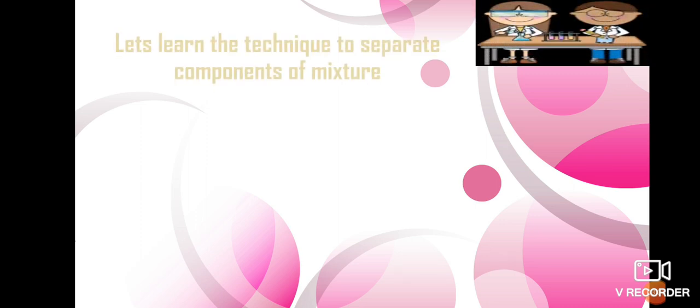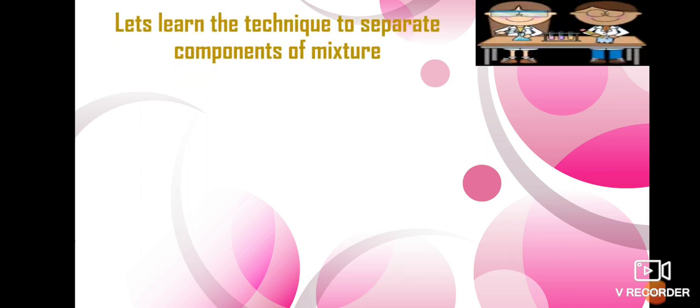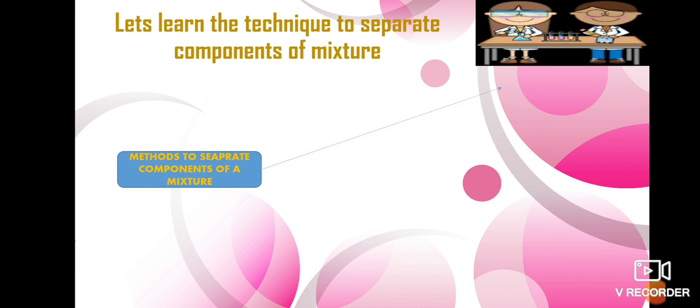Let's learn the techniques to separate the components of a mixture, whether they are homogeneous or heterogeneous. What are the methods we have to learn in this class? Methods to separate components of a mixture: first, sublimation.